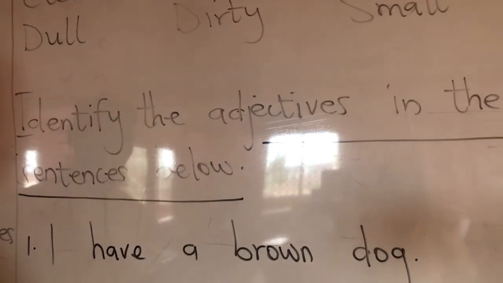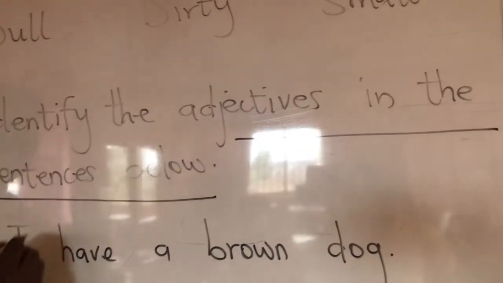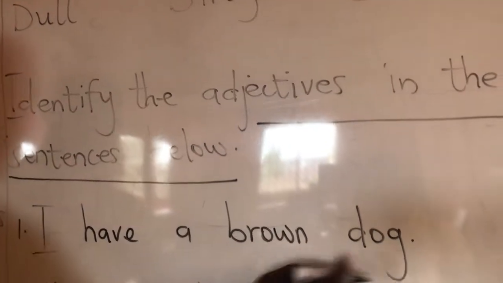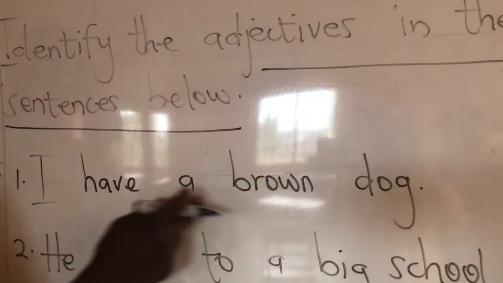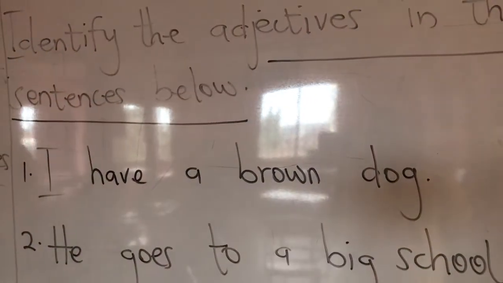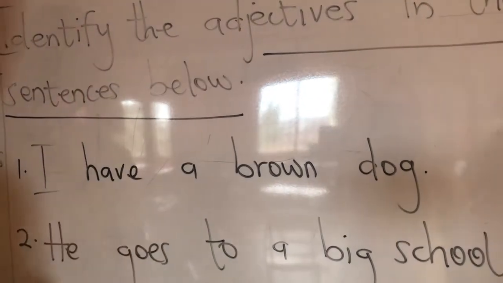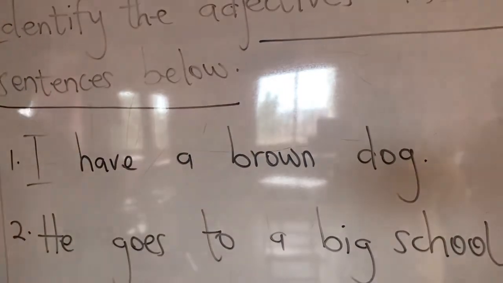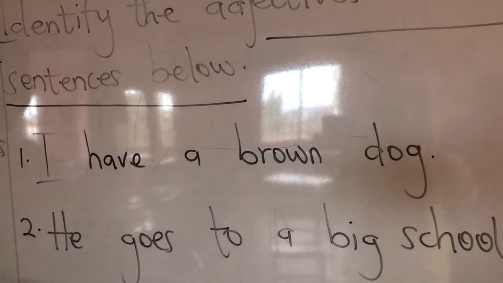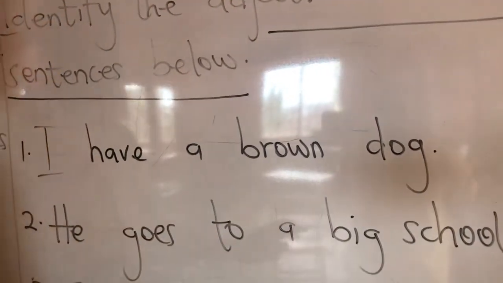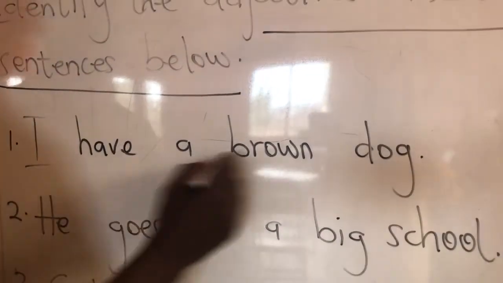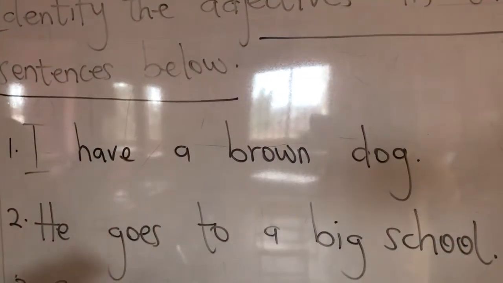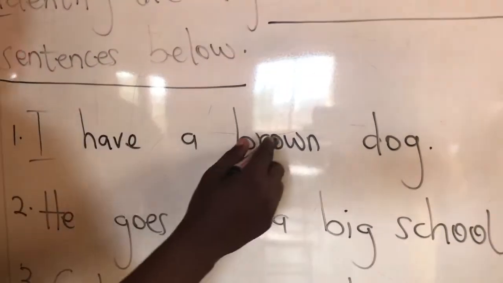Quickly, let's run through these sentences and try to identify the adjectives. One is, I have a brown dog. What is the adjective in this sentence? I could have said I have a dog, and it's correct. But this time I'm saying I have a brown dog.